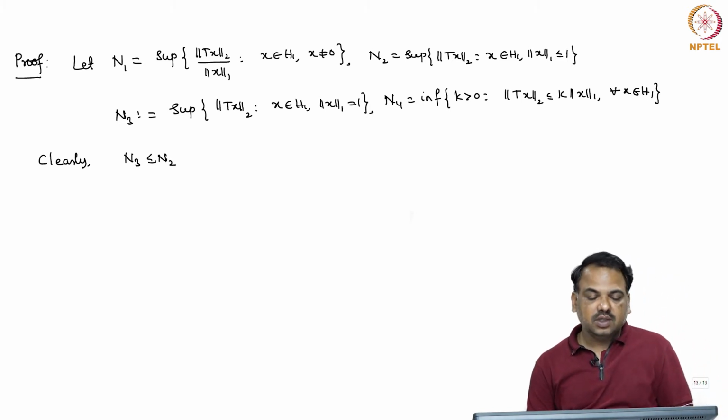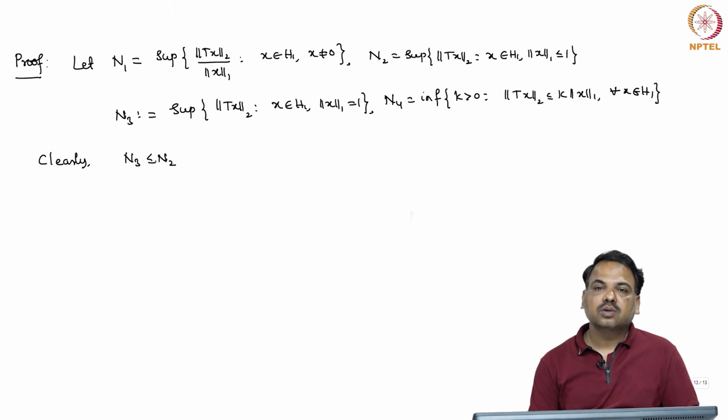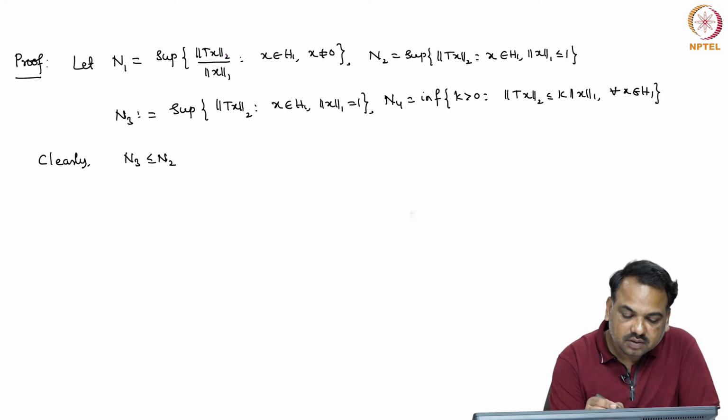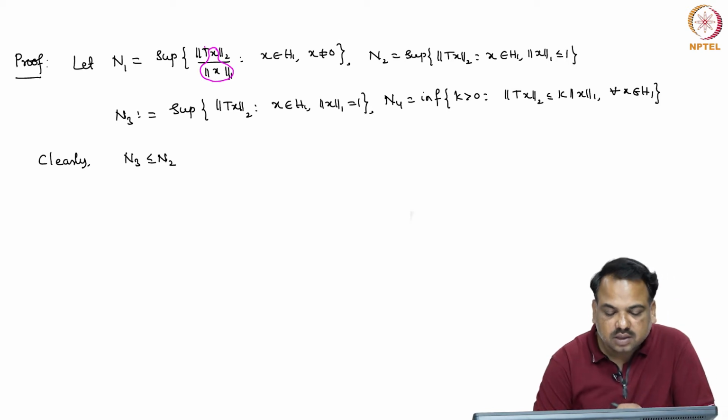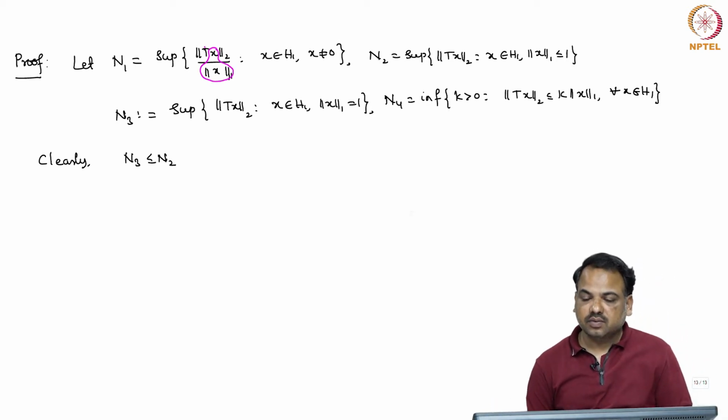Now, if you look at elements of the form x by norm x when x is non-zero, they are anyway elements of the closed unit ball. So x by norm x is an element of the unit sphere, and in fact that is a subset of the closed unit ball.